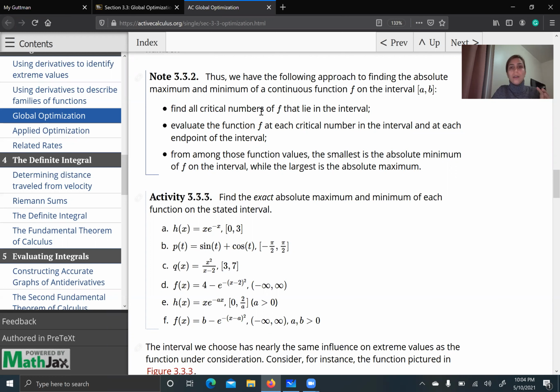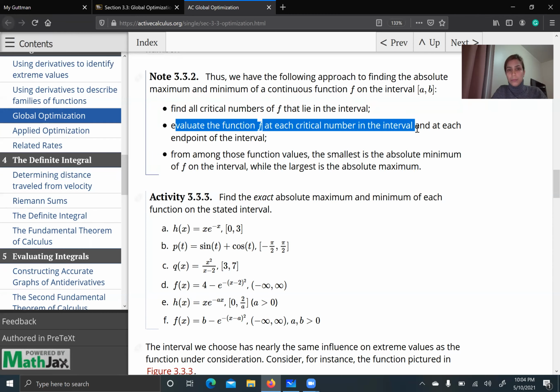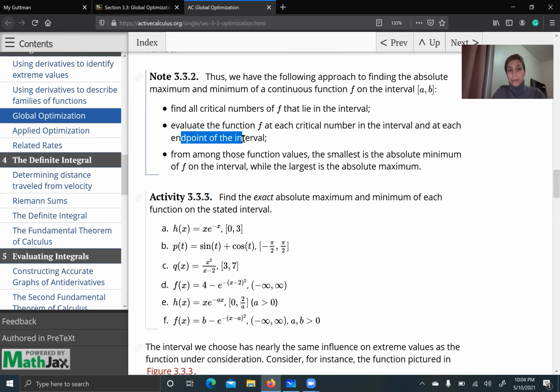Find all the critical values for the function over that interval. Then evaluate the function at each one of those critical values, and also at the endpoints, because endpoints are not critical values, but they could be max and min. They could be extreme values. So they can be nominated. So the first step is find the critical values.